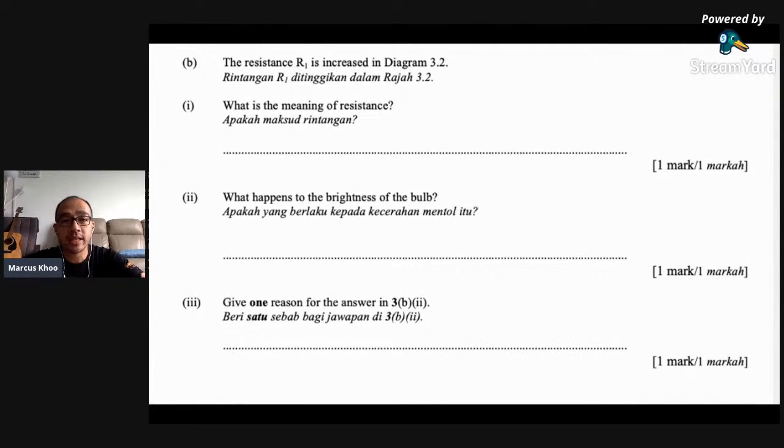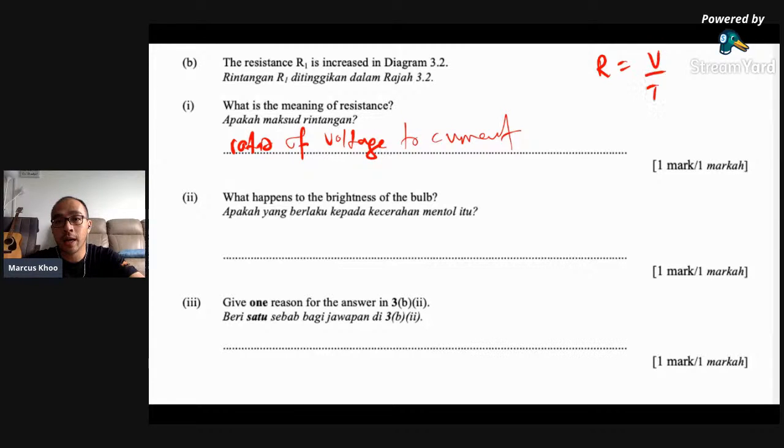It's okay, resistance is actually chapter 2, the ratio of voltage to current. R equals V over I. This is from Ohm's law. The ratio of voltage to current is the resistance.